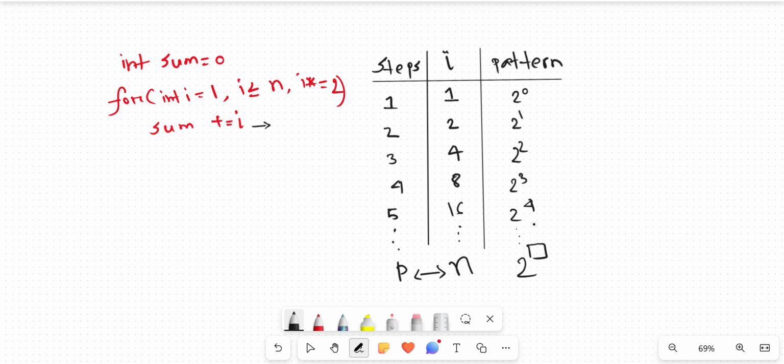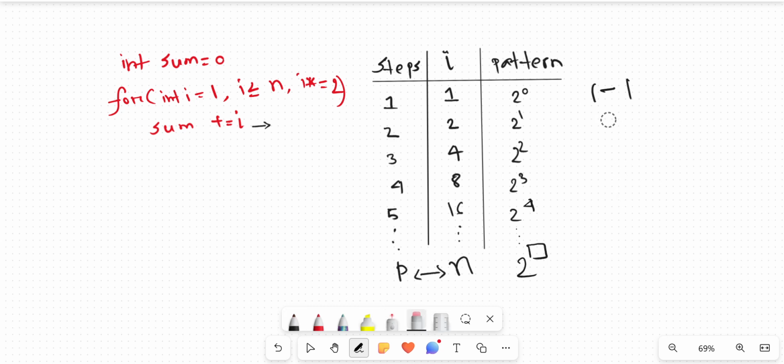It could be written as step 1 minus 1, step number 2 minus 1, 3 minus 1, 4 minus 1, and so on. But what about generally? It could be written as p minus 1.